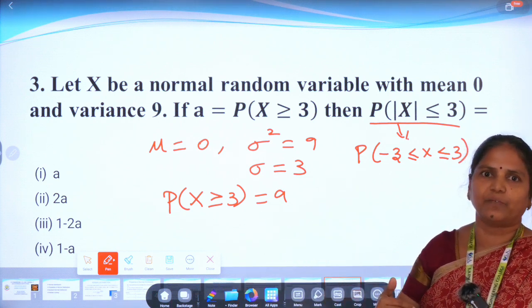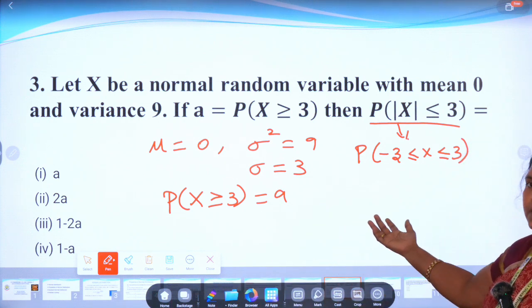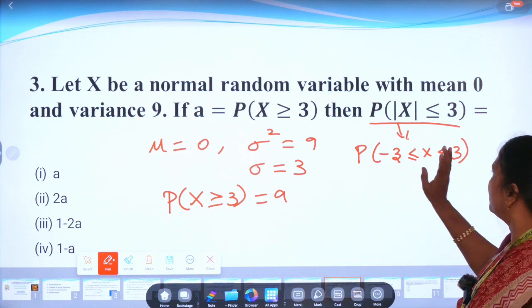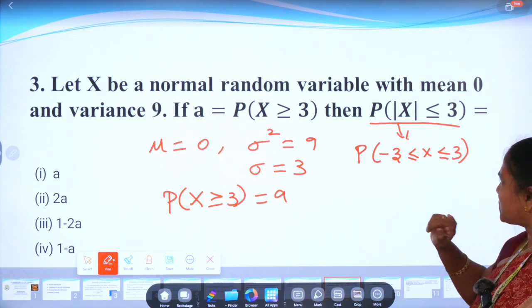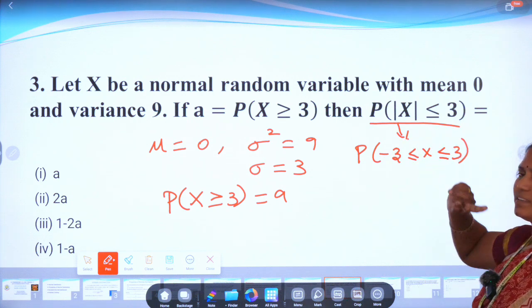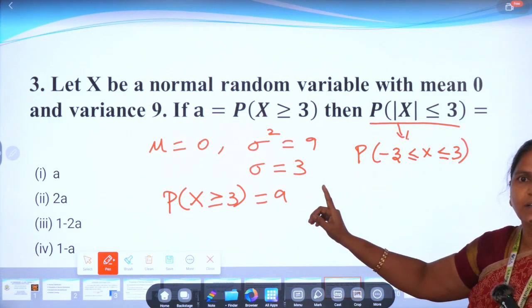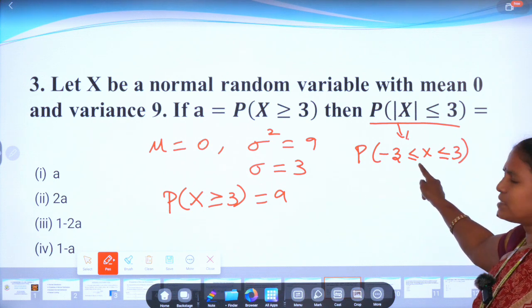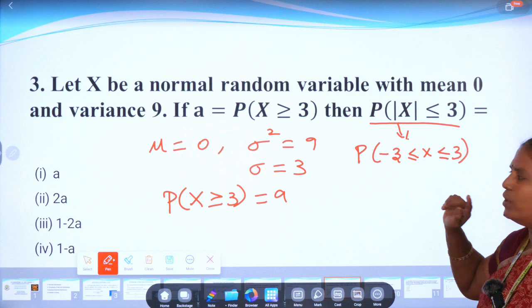Only in a discrete random variable will it change. So we have to find the probability of minus 3 less than or equal to X less than or equal to 3.